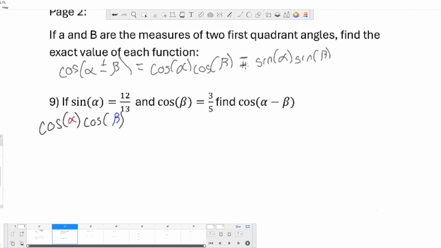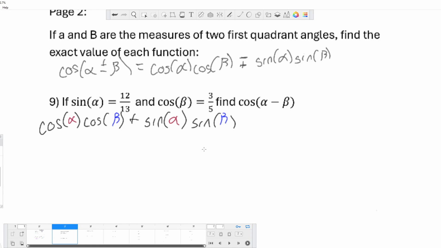And then we do the opposite of the sign that we saw there: sine of alpha, sine of beta. So we know some of these. We have sine of alpha, and we have cosine of beta. But we don't have everything else.